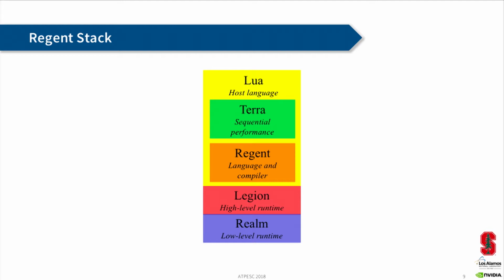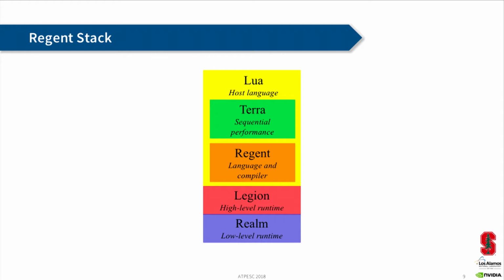What Realm essentially does is quite similar to what Charm++ or MPI does. The underlying program representation is fully explicitly parallel. Realm just builds a task graph where the edges between tasks represent the dependencies between tasks. And on top of that, we have Legion.